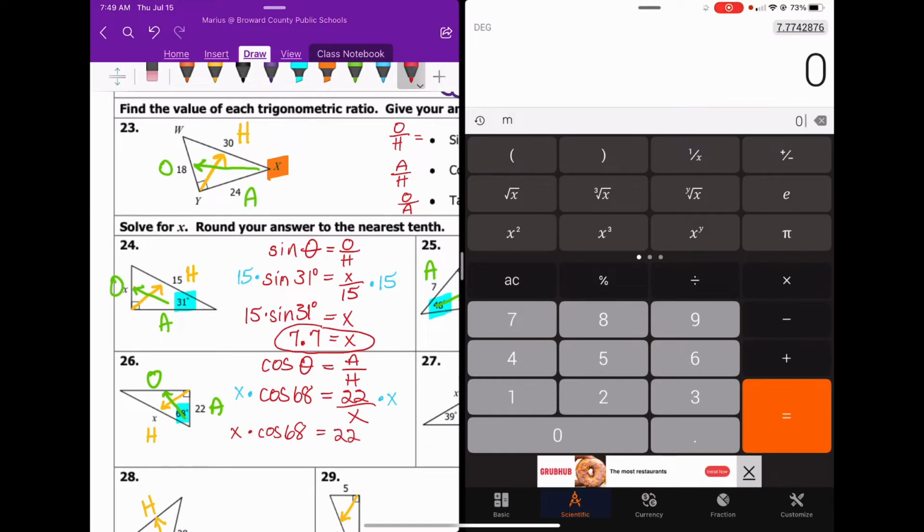And the last part, we're going to have to divide both sides by cosine of 68. When you divide both sides by the cosine of 68, I'm just going to erase where I wrote that because I still want to fit this in. So you still need to write that step, and then after that, you should write this.